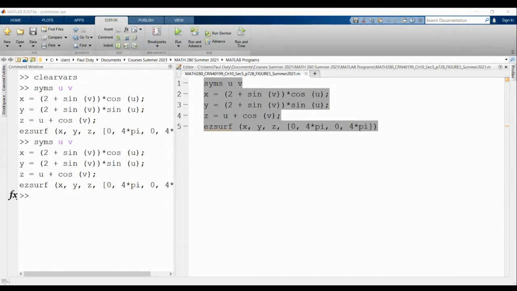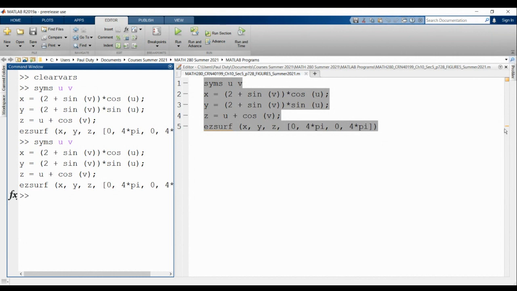Yellow means that it should run, but it's going to point a few things out. For instance, if I hover over the little line there, it says easy surf is not recommended. You can use fsurf instead.